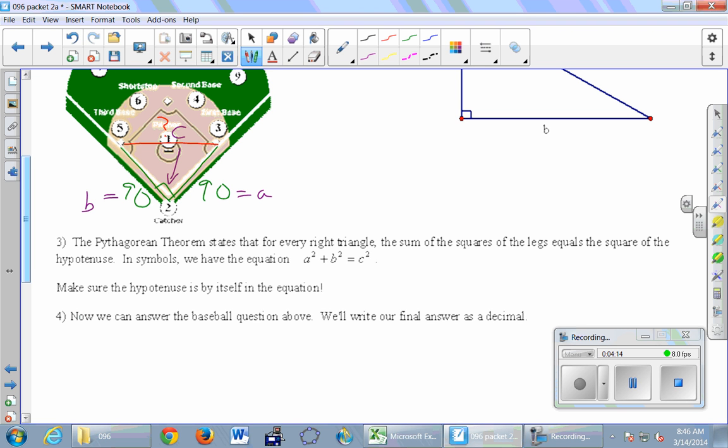Okay, A and B can be swapped, but C is always the one opposite the 90-degree angle. So according to the equation, we get a squared, which is 90 squared, plus b squared, b is also 90, so that's 90 squared, equals c squared, the magic number that we're looking for.